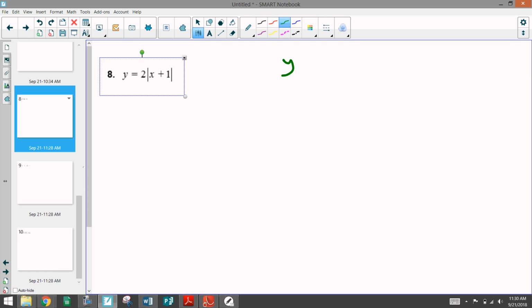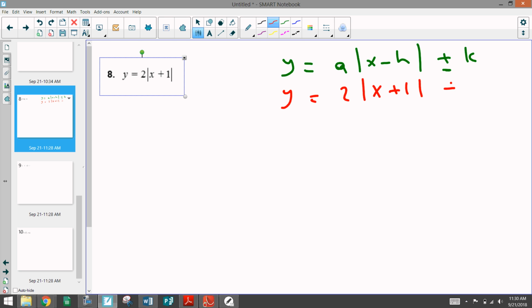I'm going to write the formula. Y equals a times x minus h, plus or minus k. In this case, we don't have anything. Now, y is equal to, I'm writing the formula itself, 2 times x plus 1, plus 0, right?